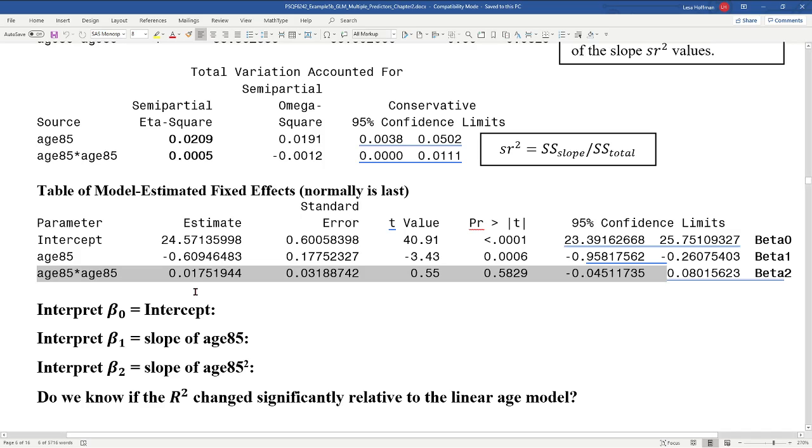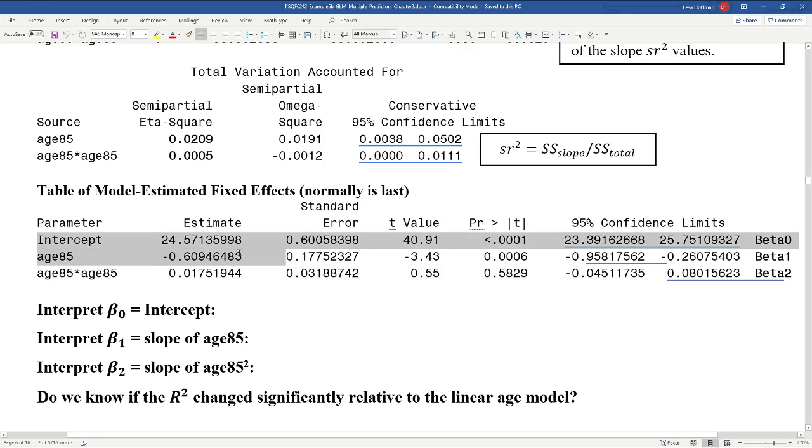If we were to interpret the direction of these effects, we would have to keep in mind that the intercept and the linear slope of age now are both conditional on age 85. More generally, anytime you have an interaction term, the effect of one of the predictors that's part of it is specific to the interacting predictor being 0.